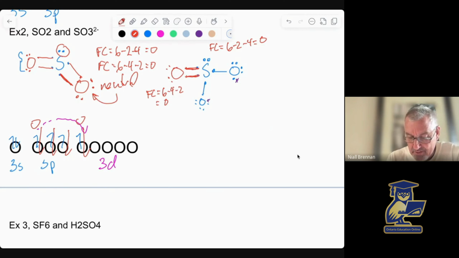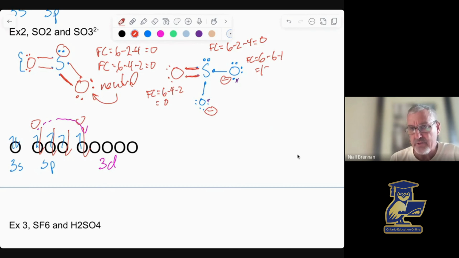Now let's look at these two other oxygens here. This is going to be group 6 minus 6 dots. That funny one with the X is the one that it drew in to create the octet. And minus 1 bond is equal to -1. So that will have a -1 formal charge, and so will this one here.